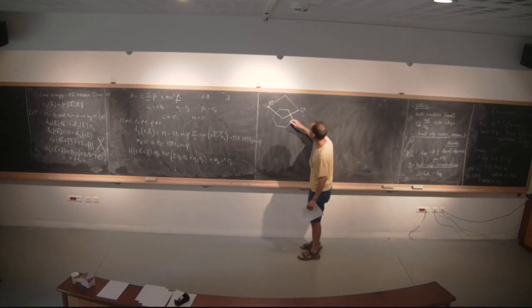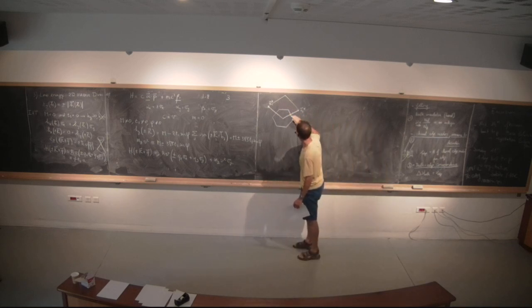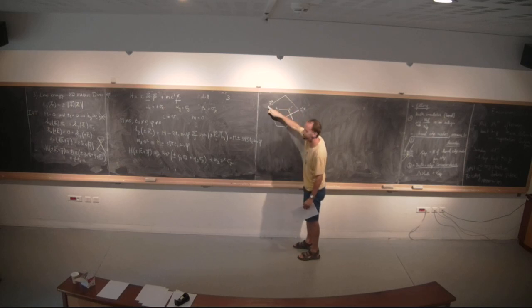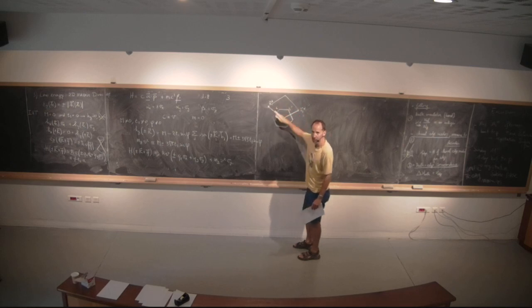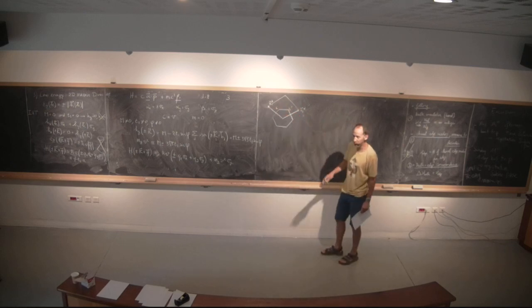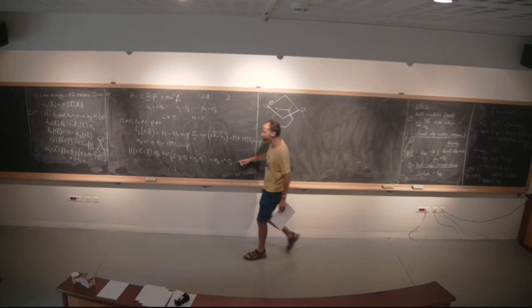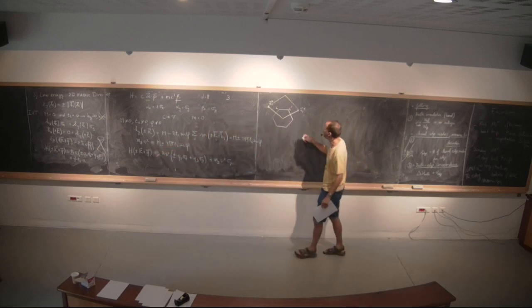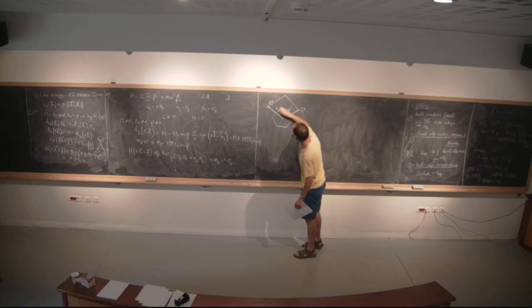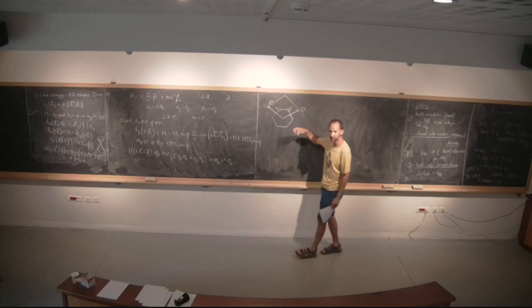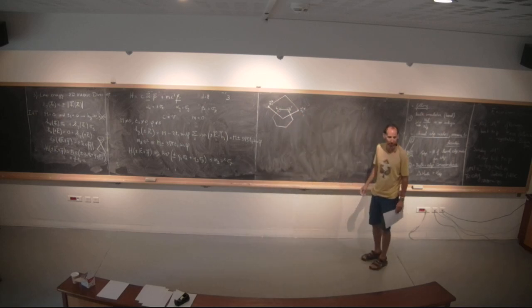And now my two k and k prime points are well inside my Brillouin zone. And what I'm doing with this kind of expansion means that instead of considering the full Brillouin zone, I only consider what happens here and what happens here, and I neglect what happens somewhere else.